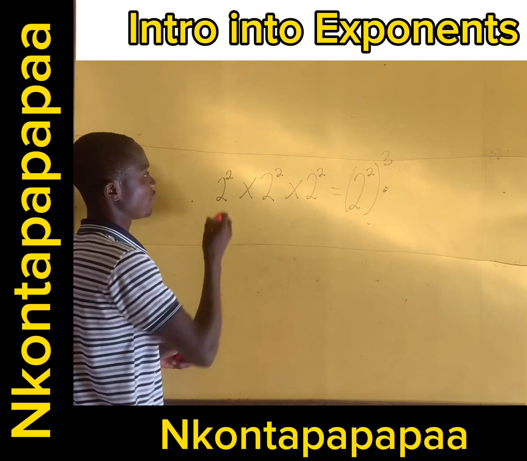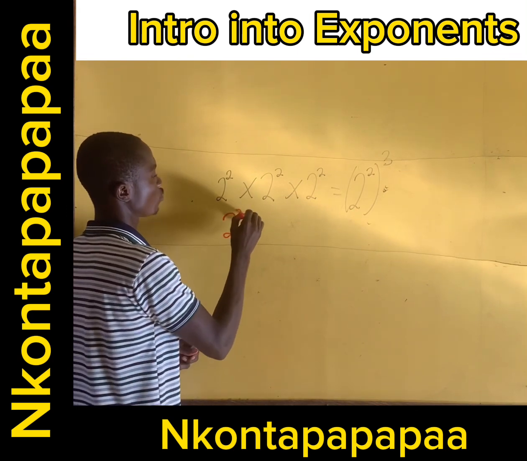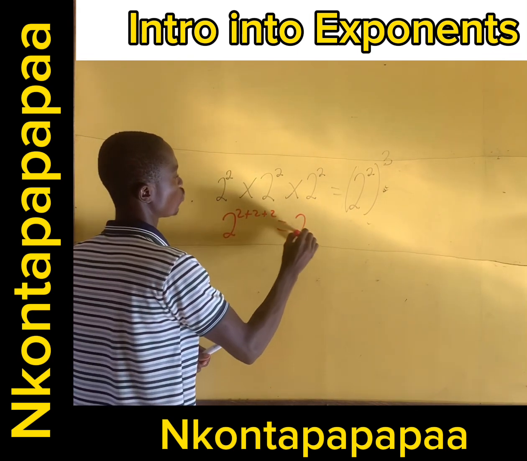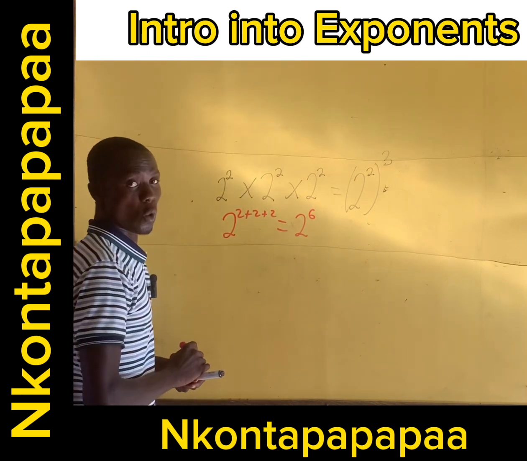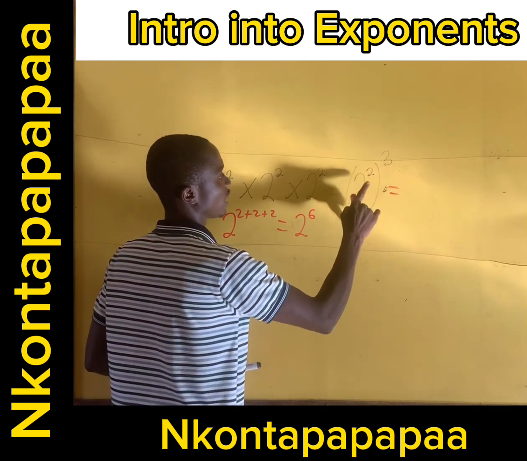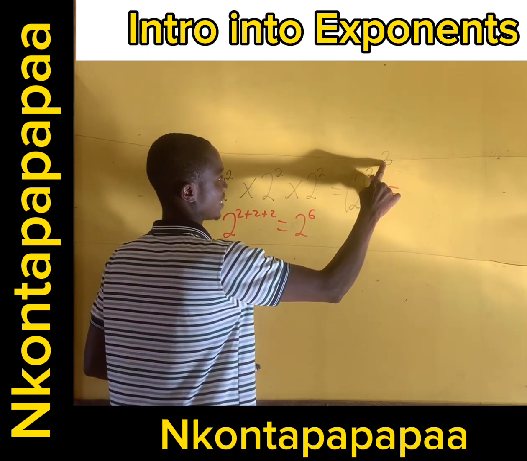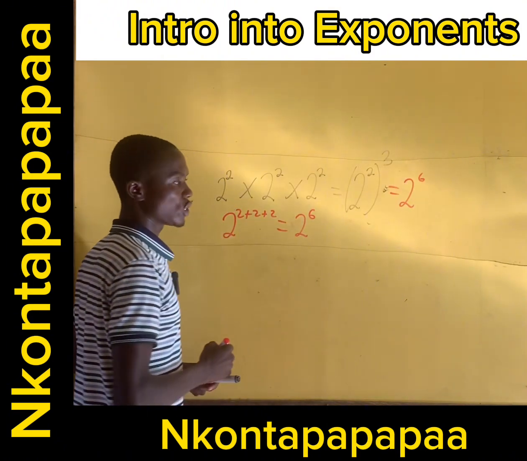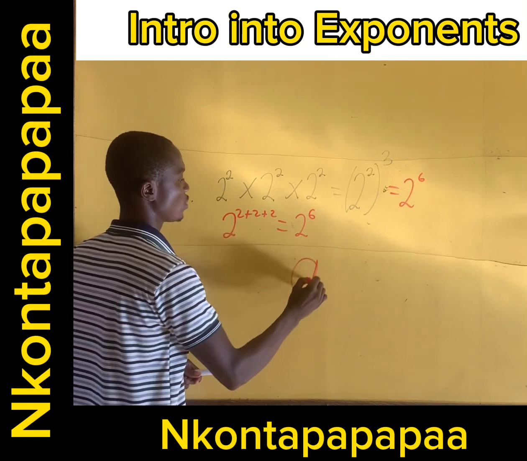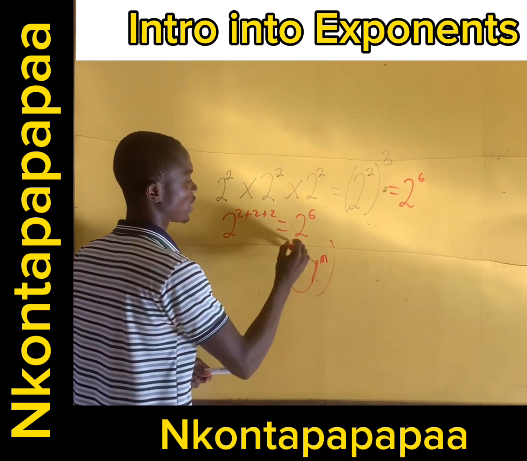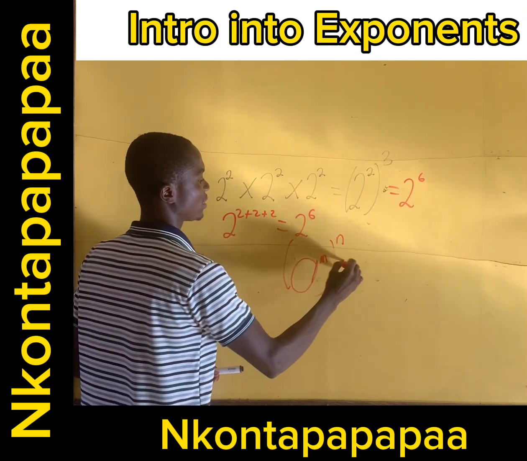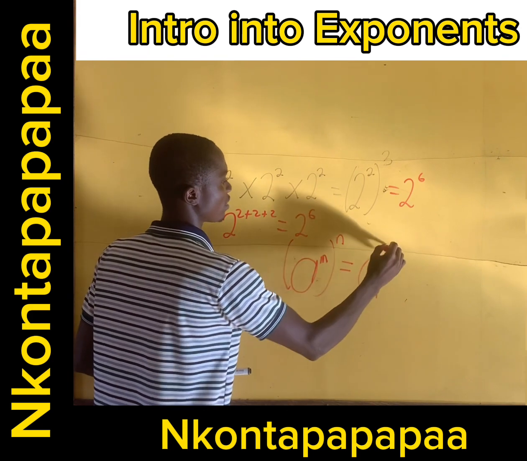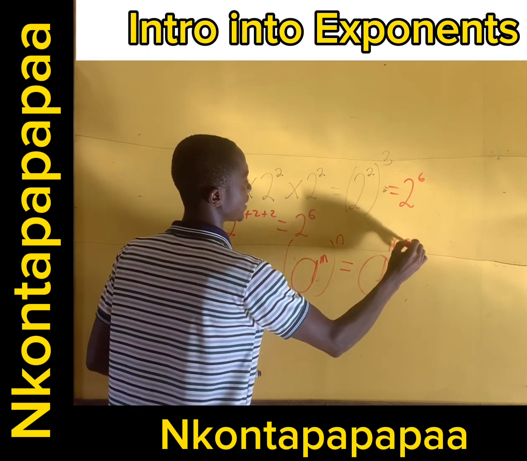But this is also the same as 2 exponent 2 plus 2 plus 2, which gives 2 exponent 6. So if I multiply 2 by 3, I'm going to get 2 exponent 6. It means that if I have a to the power m multiplying itself n times, then I write a power m times n.